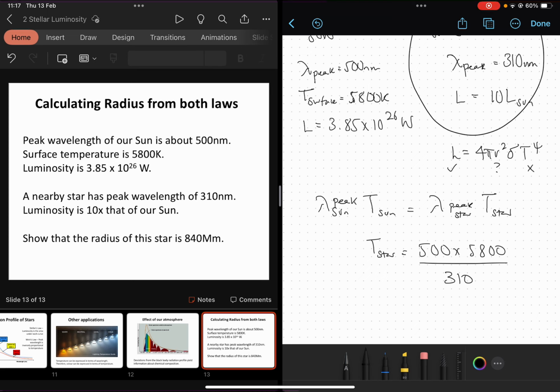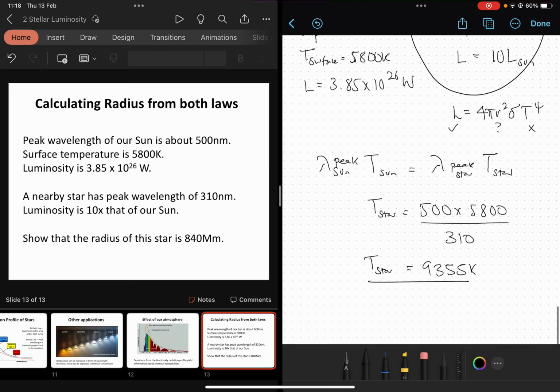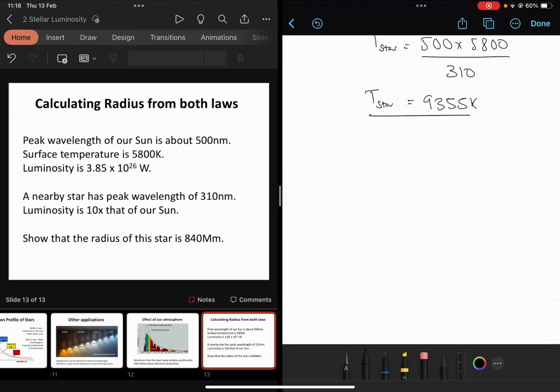That would cancel out if I converted and expressed both of those times 10 to the minus 9 meters. Solve that, and we get the surface temperature of the star to be 9355 Kelvin. Okay, so now I know everything I need in order to use Stefan's law.